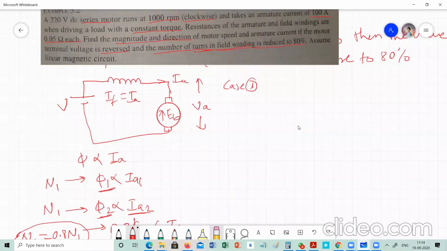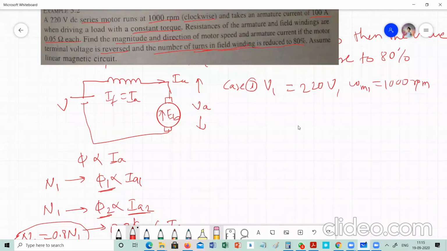It means V1 is equal to 220 volt. And at that time speed omega m1 is equal to 1000 rpm, and it is rotating in clockwise direction.